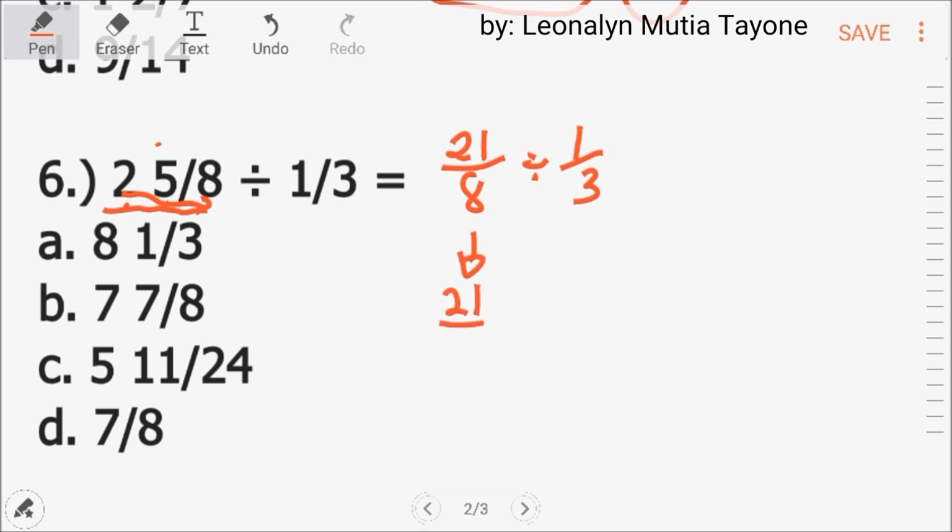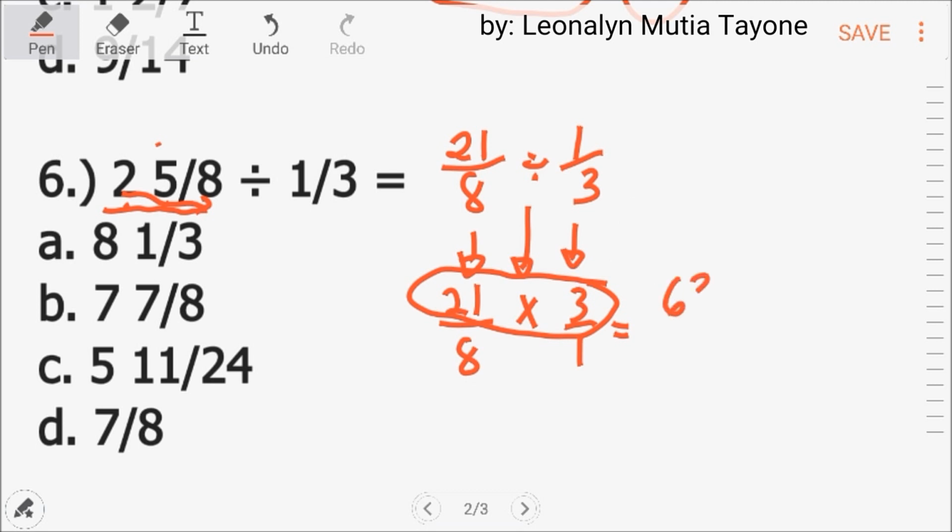Just copy this, 21/8. The division becomes multiplication. 1/3 becomes 3/1. Now we can multiply. 21 times 3 equals 63. 8 times 1 equals 8.